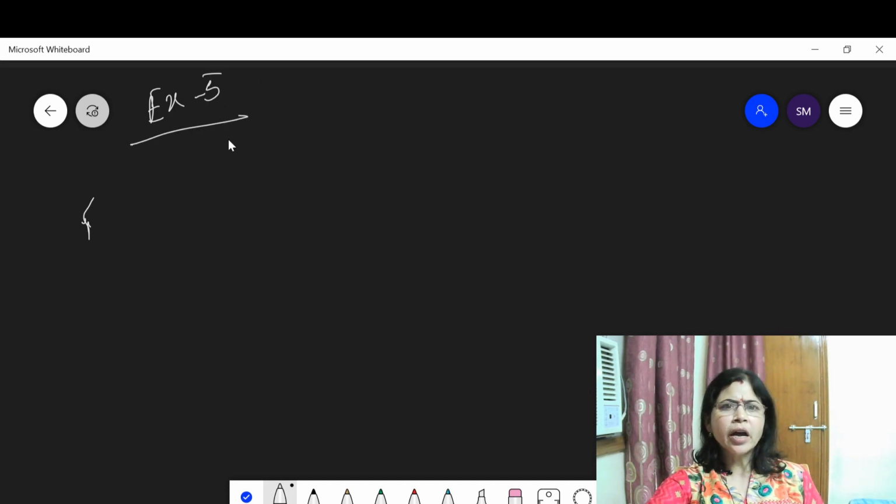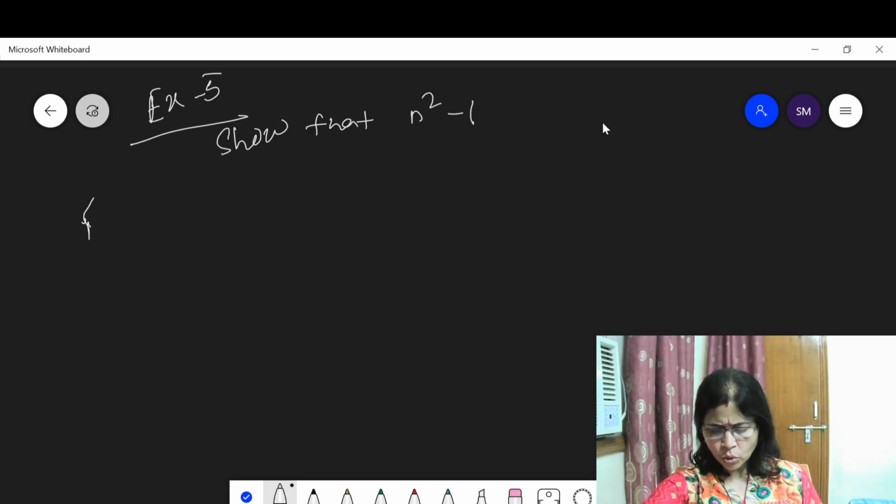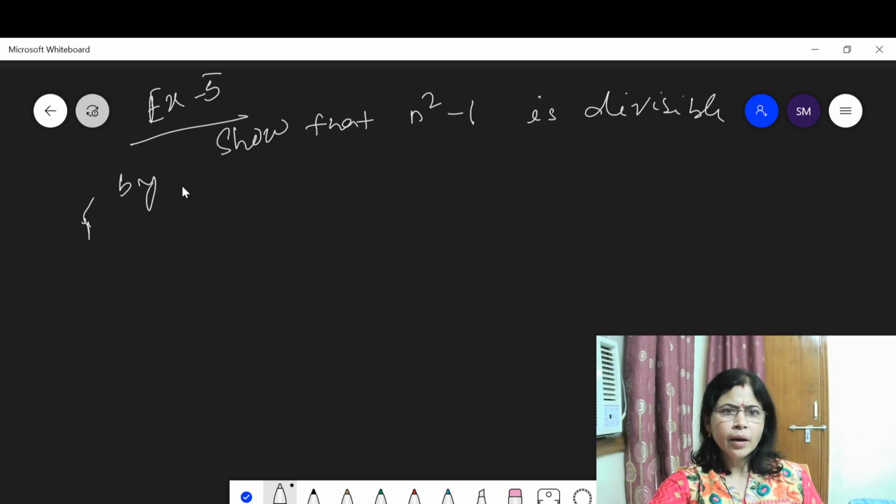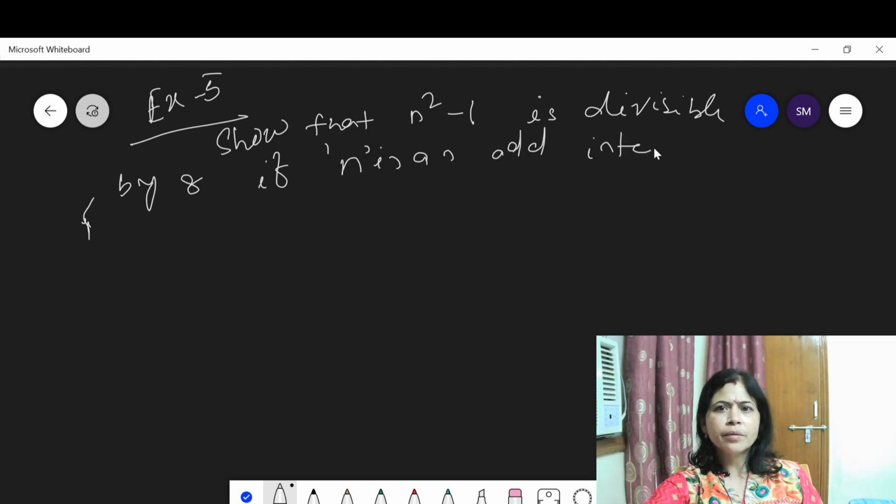The question says: show that n square minus 1 is divisible by 8 if n is an odd integer. Now let us solve it.